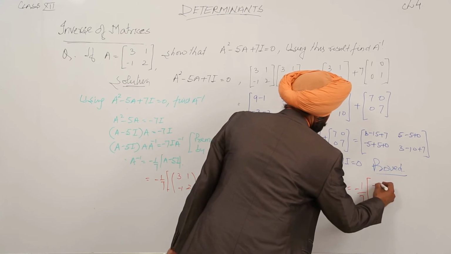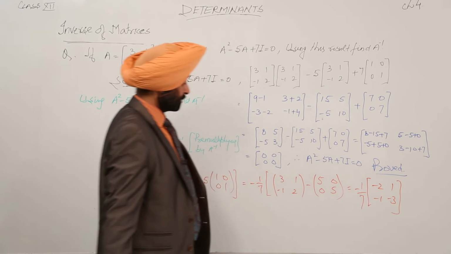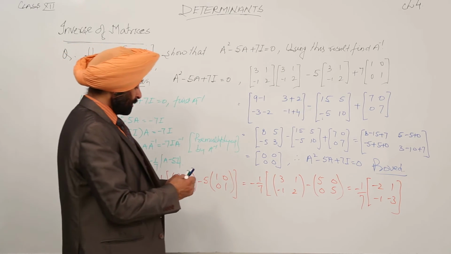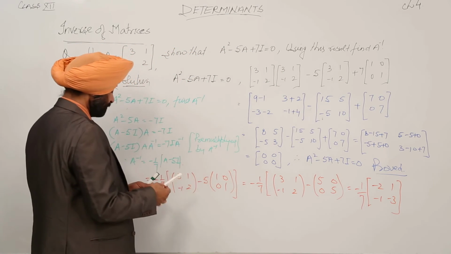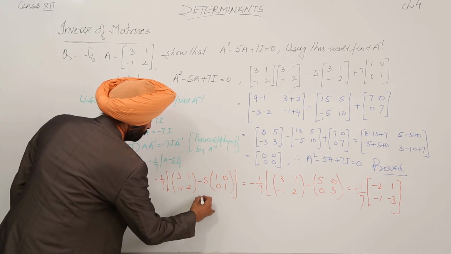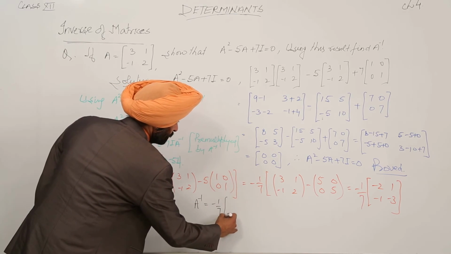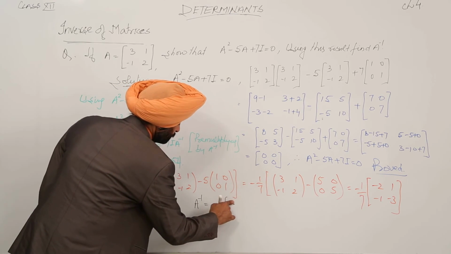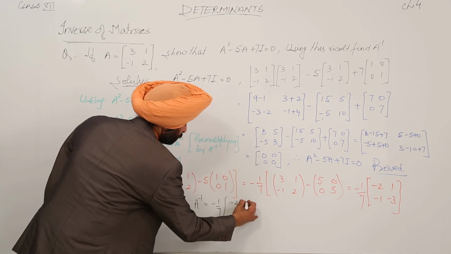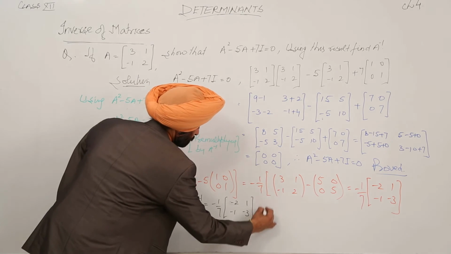So we have [[-2, 1], [-1, -3]]. Finally, A inverse is equal to minus 1 by 7 times [[-2, 1], [-1, -3]].